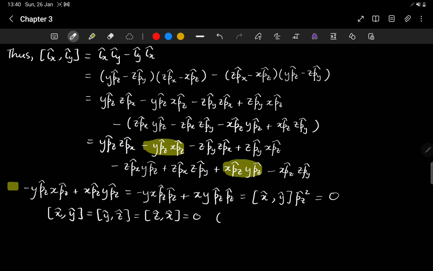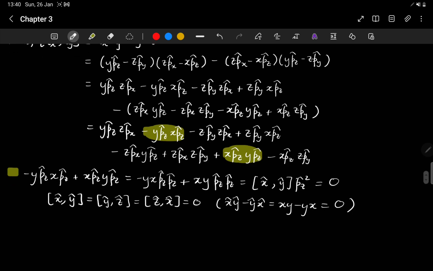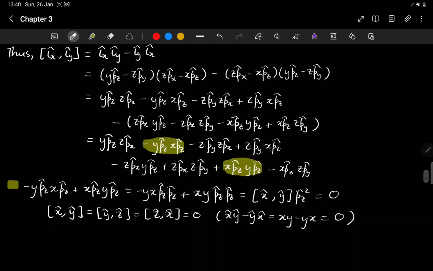Let's say the xy commutator. So that's basically xy minus yx, which is simply xy minus yx, which is just 0 because x and y are simply numbers. Similarly, you can see for the other terms as well, the yz and the zx commutator.